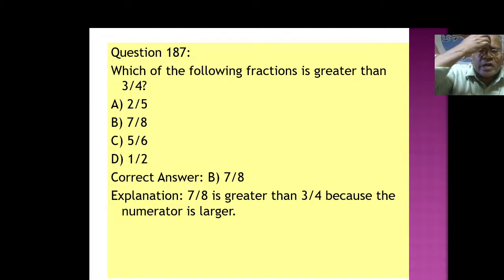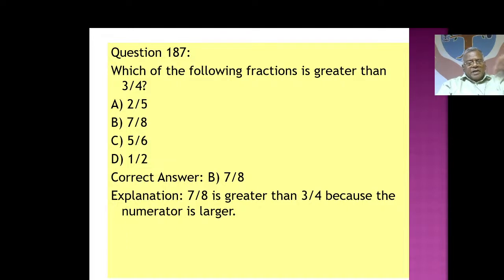Which of the following fractions is greater than 3 by 4? 7 by 8 is greater than 3 by 4 because the numerator is larger. If the numerator is larger, then it becomes greater than 3 by 4. How? 3 by 4 can be written as 6 by 8, and the option is 7 by 8.